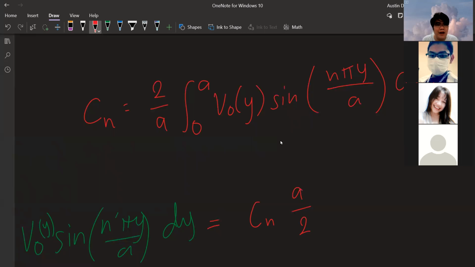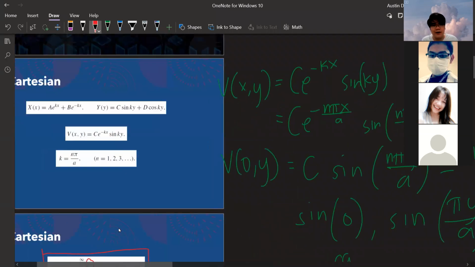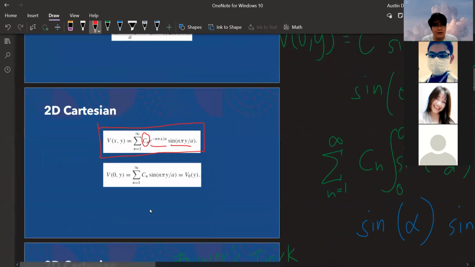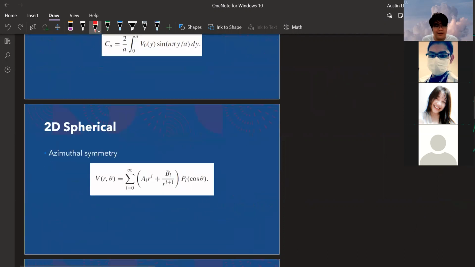So, whenever you have that kind of configuration, you can use this. Okay. Very nice, no? Questions. So, this is the Cn na sinulat natin. Okay. Amazing, di ba?